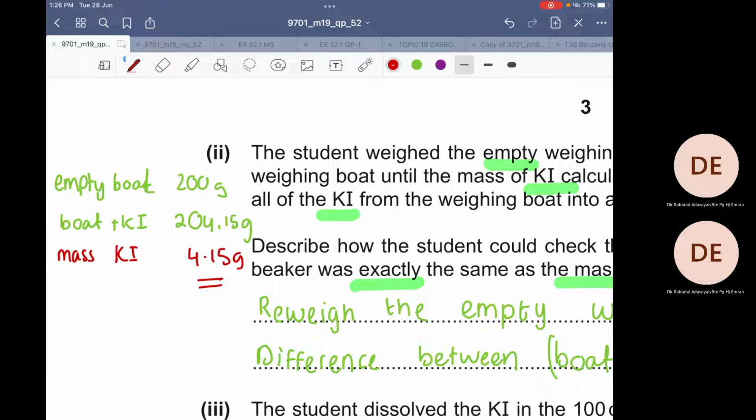What this person can do to confirm and say, yes, I did transfer 4.15, is to reweigh the empty boat plus residue, just to confirm that the mass is still just 200 grams. If the mass of that boat is 201 grams, for example, that means there's 1 gram of solid residue left that has not been transferred. Okay?